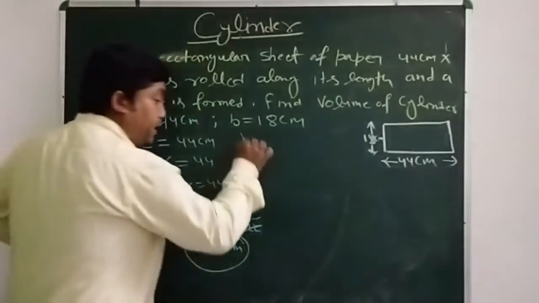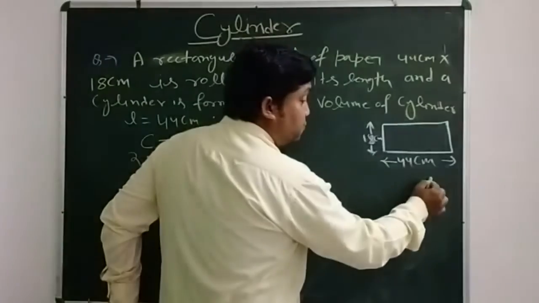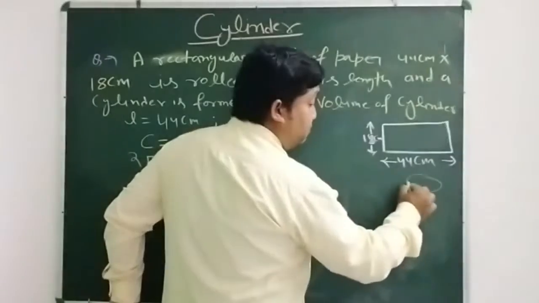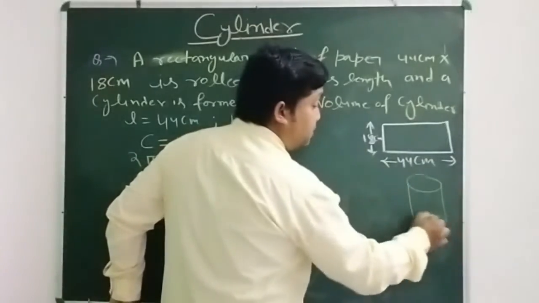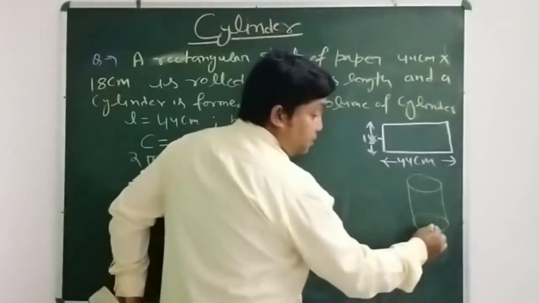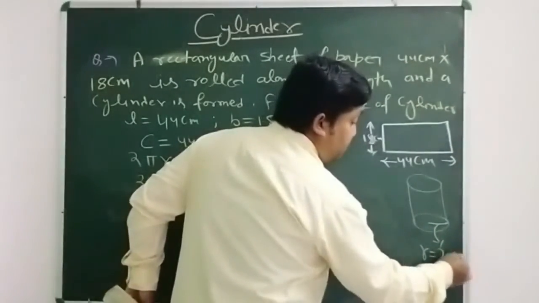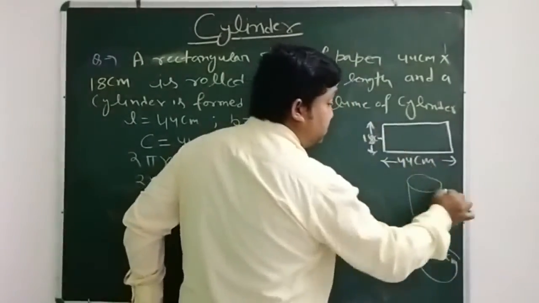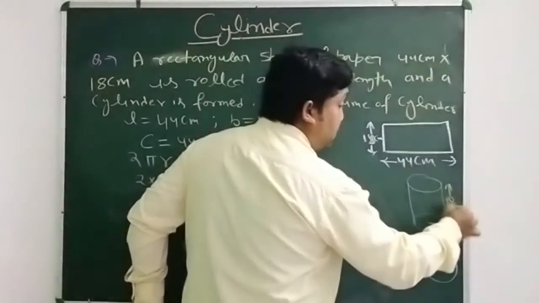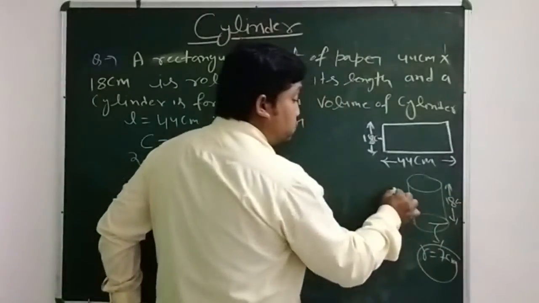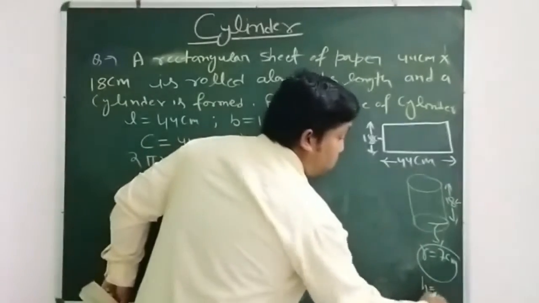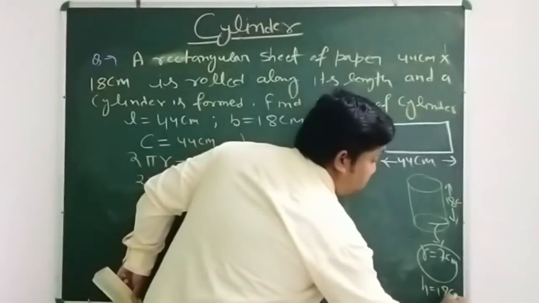And you know that when you have made a cylinder, the radius is 7 centimeters, and the breadth is working as the height. So height is equal to 18 centimeter.